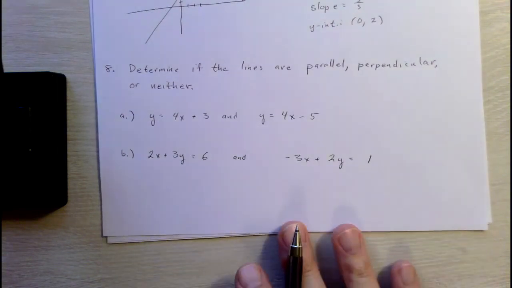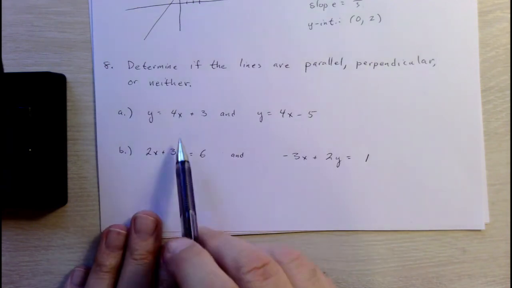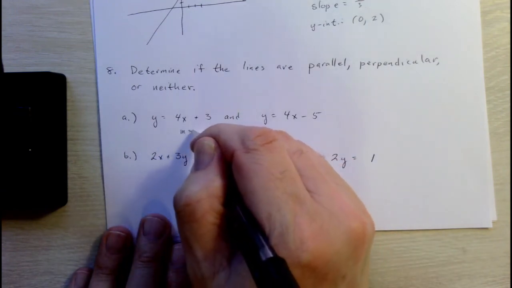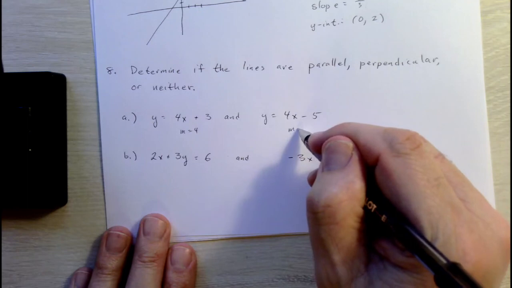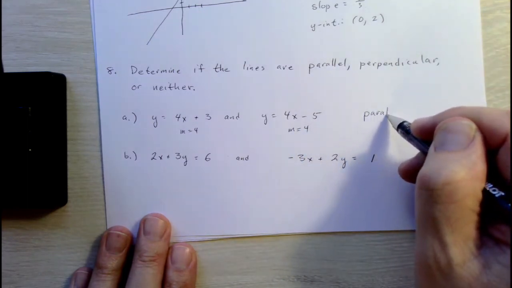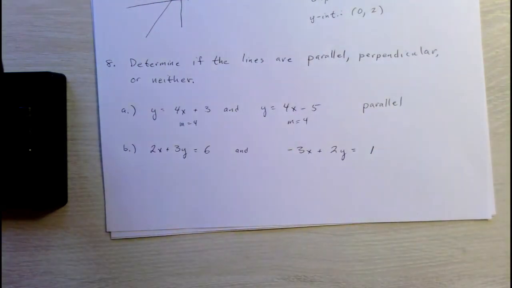All right, then finally, if we want to determine if these lines are parallel, perpendicular, or neither, here we can see right away that this slope is 4, this slope is 4, so they are parallel, because they're already in y equals mx plus b form.